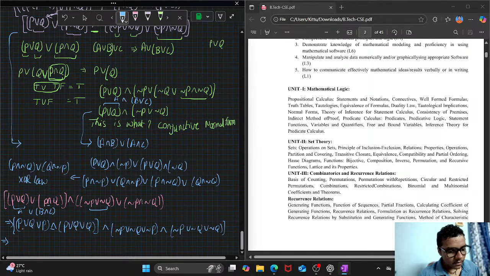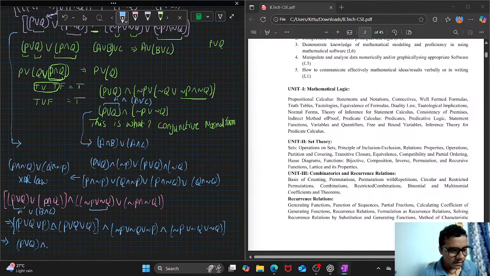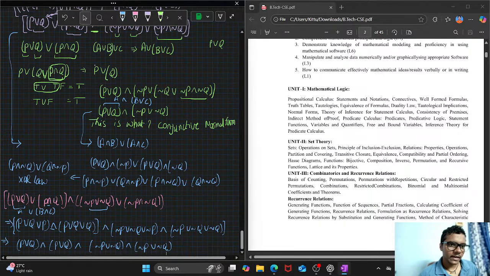And then P or P is P, so that's P or Q, and Q or Q is Q, that is P or Q again. And negation P is common, negation P or negation Q, and negation P or negation Q. This is what you did, right? And is this right?